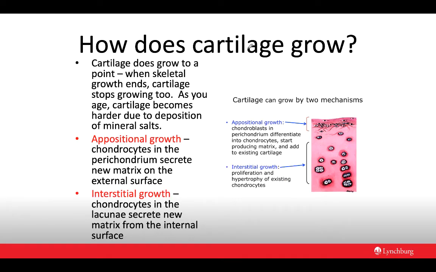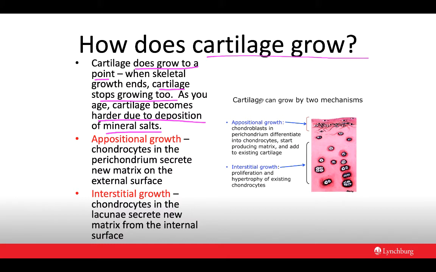So cartilage does grow, especially when you're younger. I'm telling you here, cartilage does grow to a point. Typically what we see is when your skeletal growth ends, so when your bones stop growing, your cartilage tends to stop growing too. Another change that we see as you age is that your cartilage tends to be a little bit harder because mineral salts end up being deposited in that cartilage.